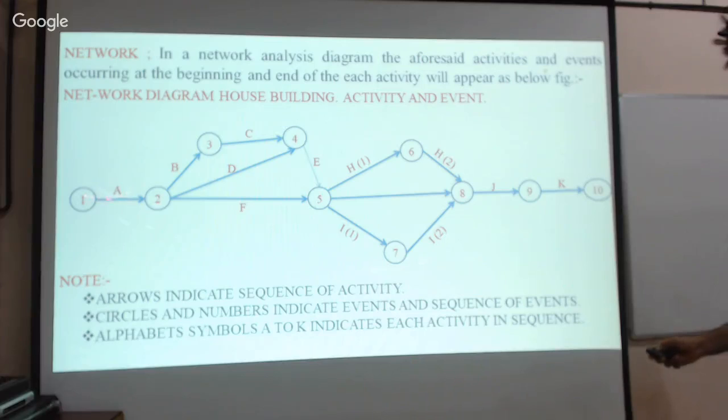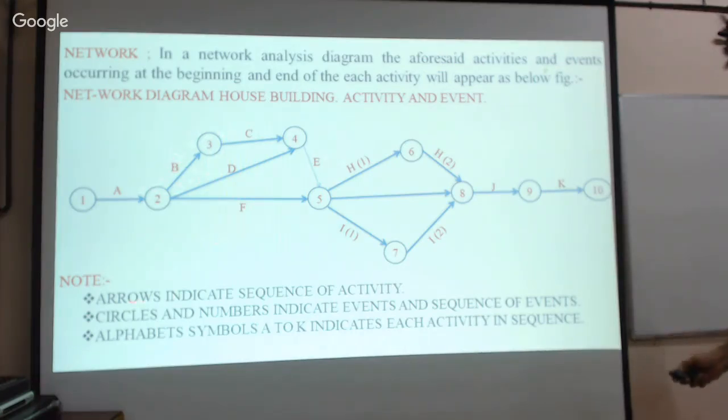Here, the arrow is the activity from event 1 to 2, and this arrow is the sequence in the direction of the progress of the job work. Then 2 to 3 is another, event 2 and event 3 is activity B, isn't it?